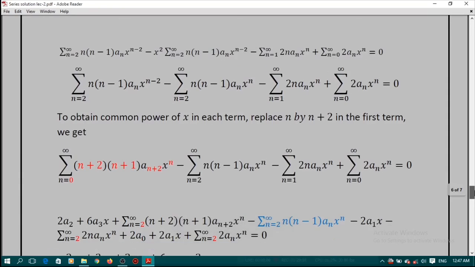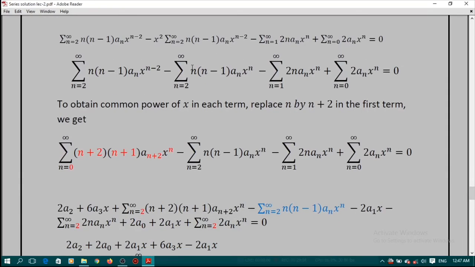So in this example, we have 4 different summation notations, and we want to merge all 4. So let's check. The ranges of the summations are different, and the powers of x are also different.